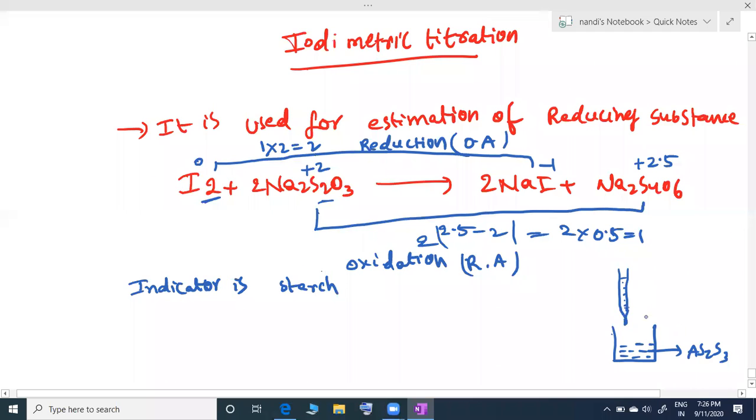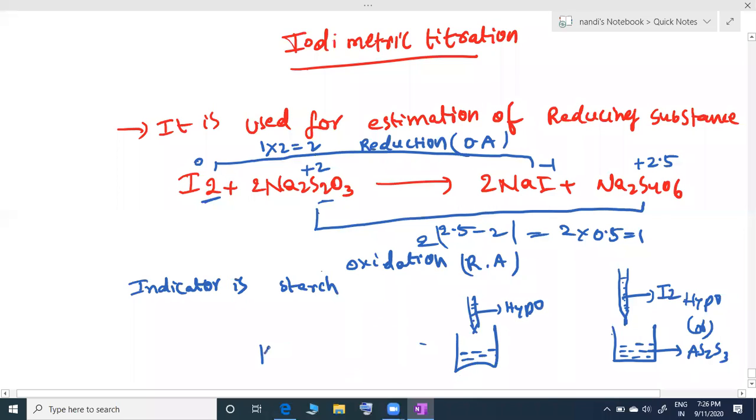As2O3 you can take, or hypo solution also. I am taking hypo, which is easy for understanding. Now we are adding I2 solution. You may take I2 here, or the reverse also is possible, with hypo solution in the burette and I2 in the flask. I2 alone won't exist; there is a reason.